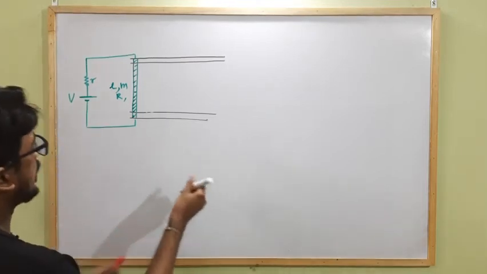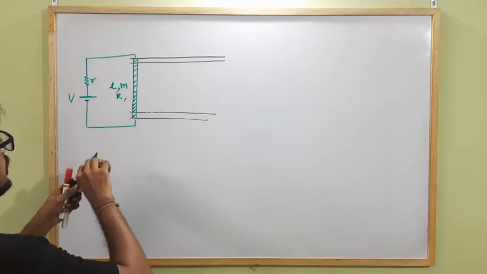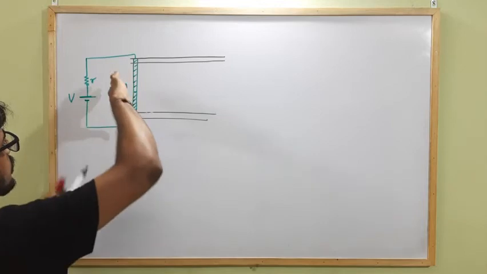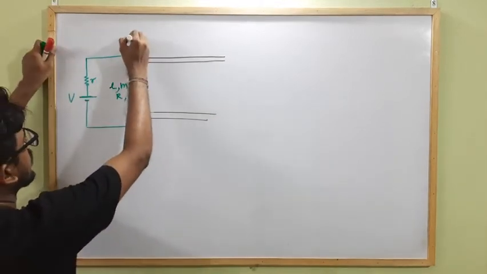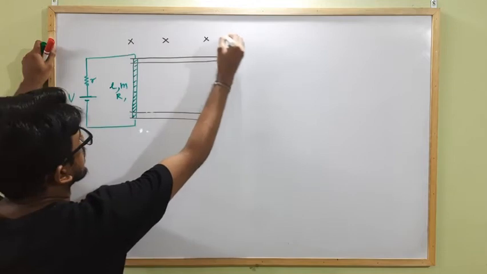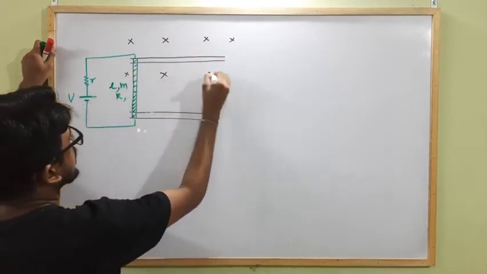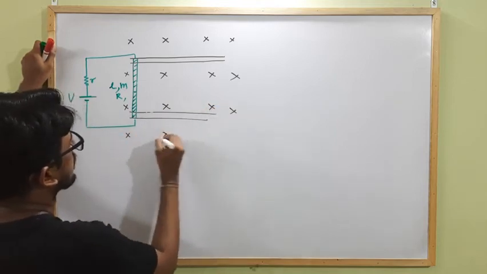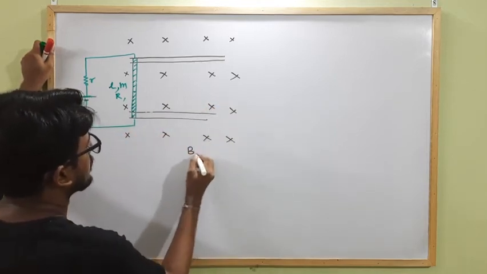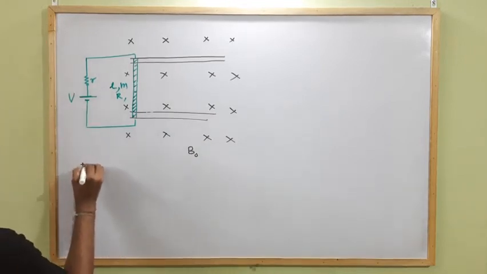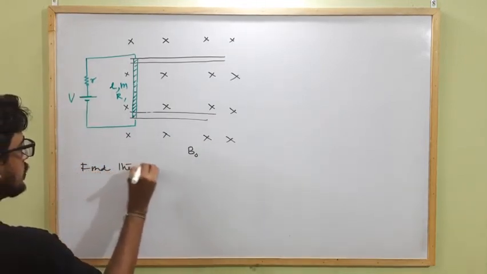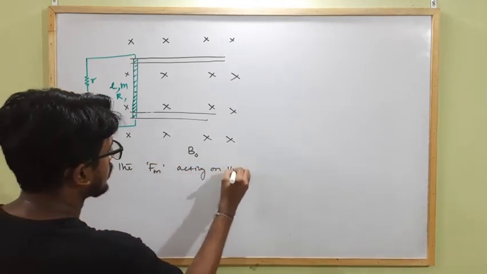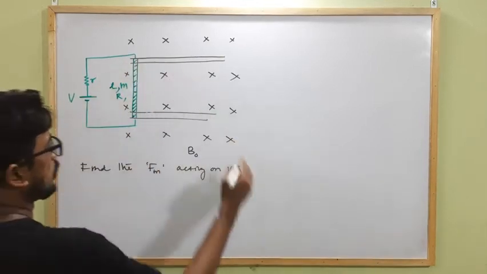So, and here a magnetic field is present into the plane. Uniform magnetic field is present into the plane, of strength B naught. To find the magnetic force acting on the rod.